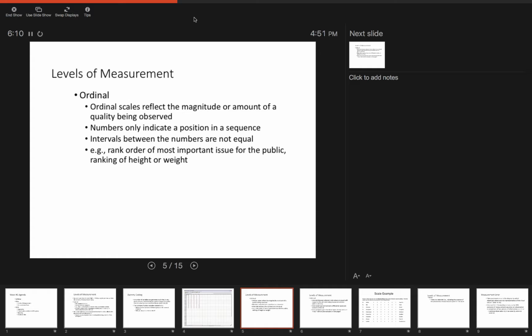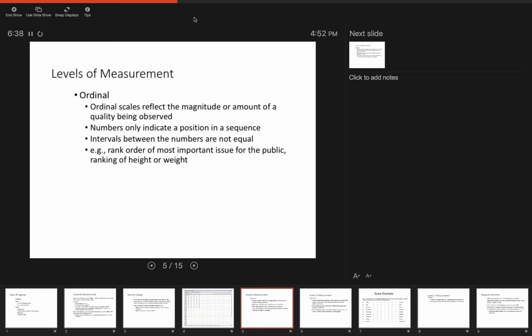Ordinal, think of the word order, we have some order there, right? And so ordinal reflects the magnitude or the amount of some quantity being observed. The numbers indicate some position in a sequence. Intervals between the numbers are not equal though.